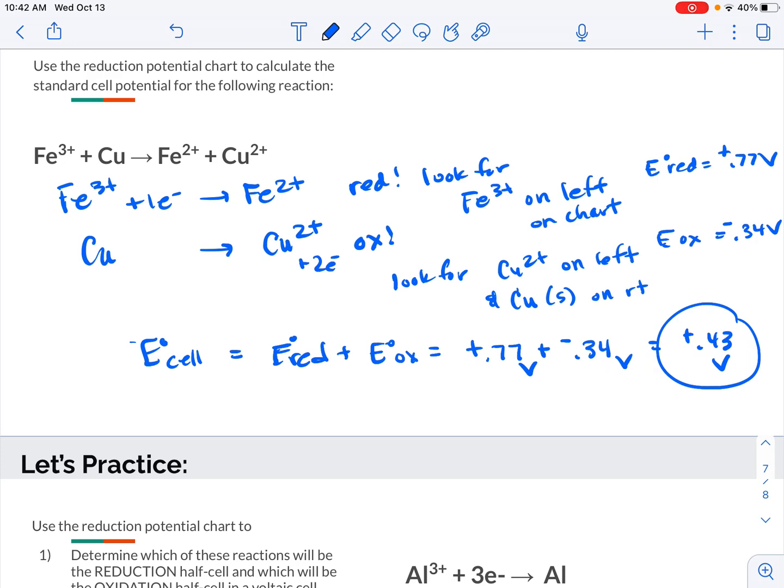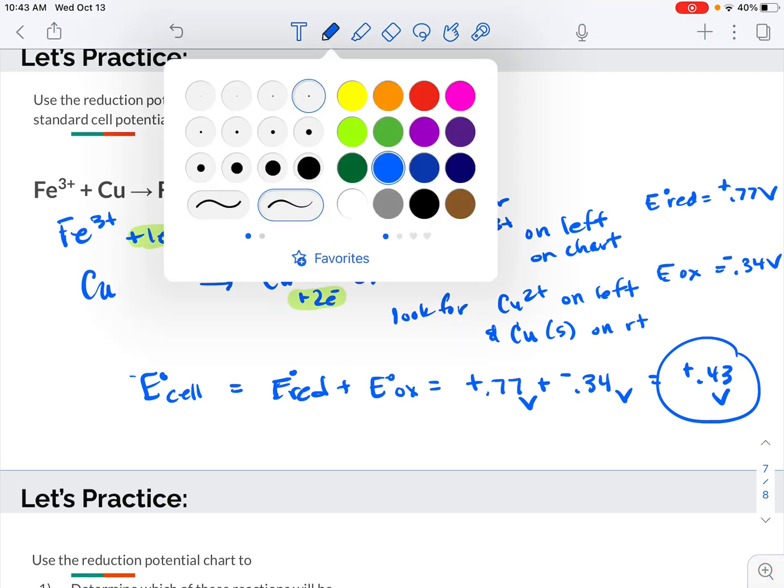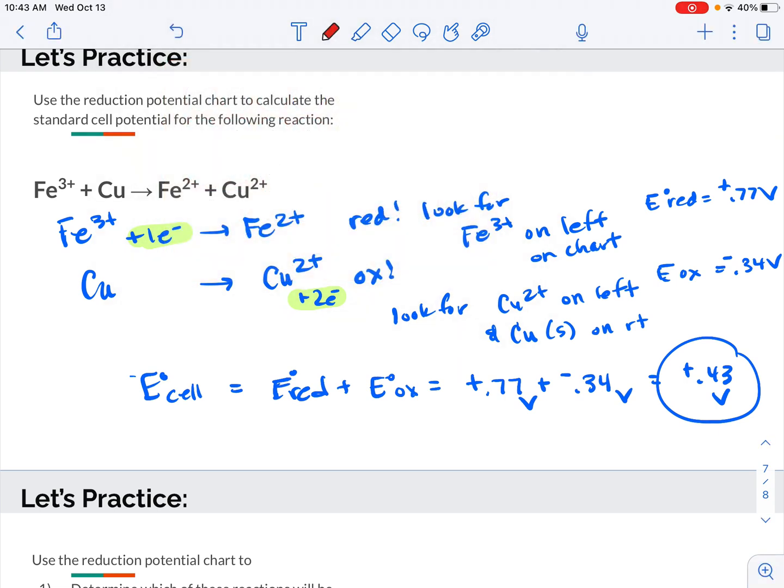Okay, and I didn't ask you to balance the equation, but notice that right now it's not balanced. So if I wanted to balance the equation, I could come back in and do it, but I don't have to be able to figure out what we just did. I would have to notice that this is 1 electron and 2 electrons, so I'd have to come back in and multiply this one by 2, and then add them together.